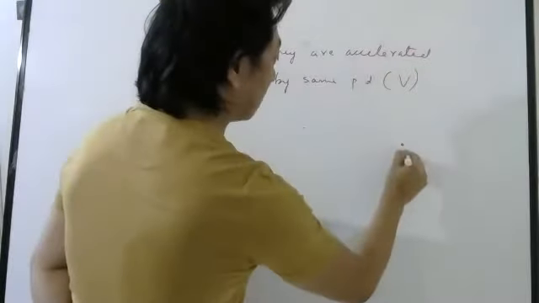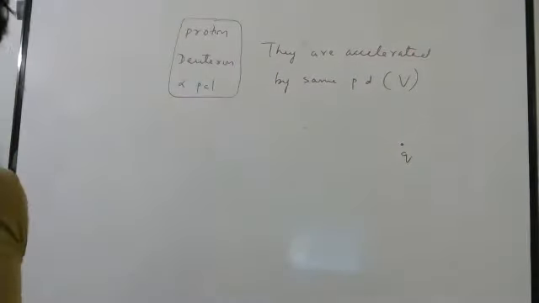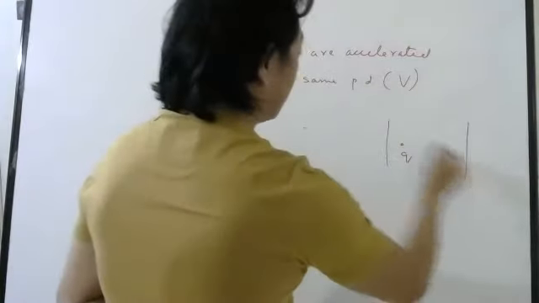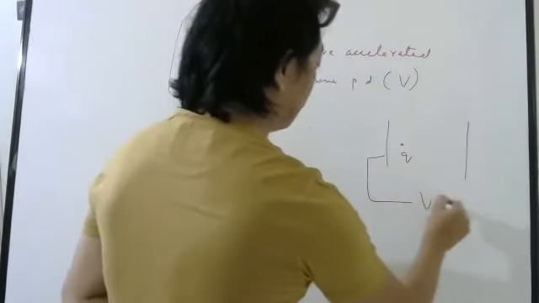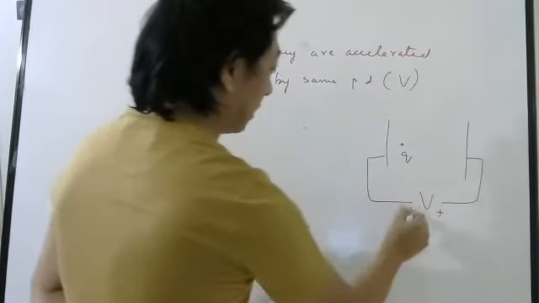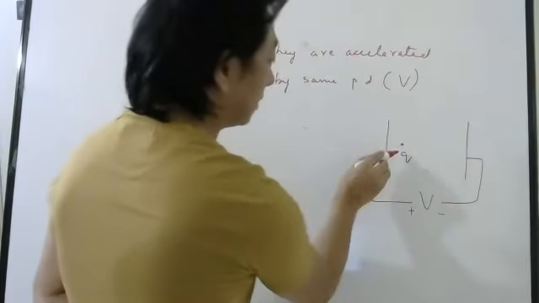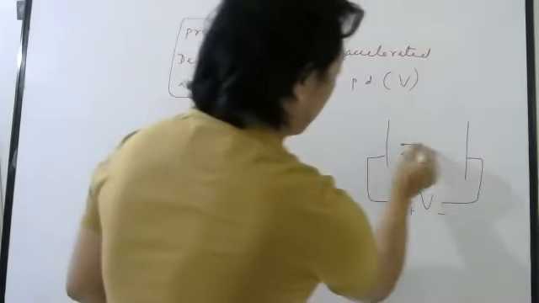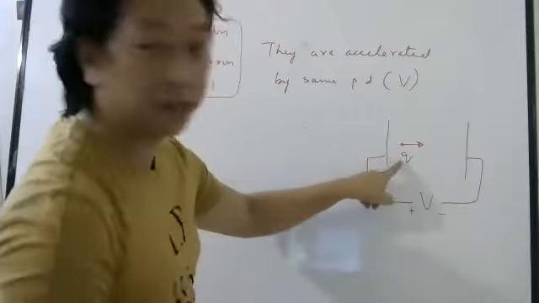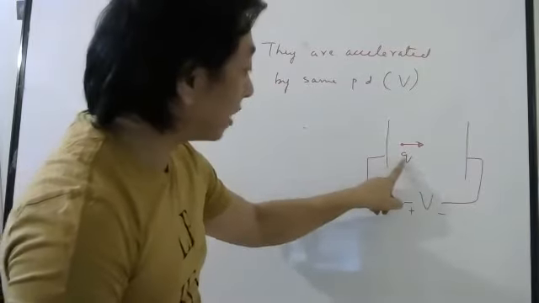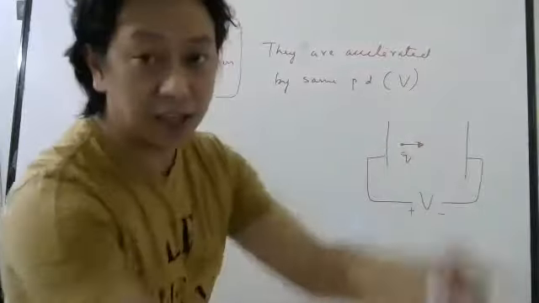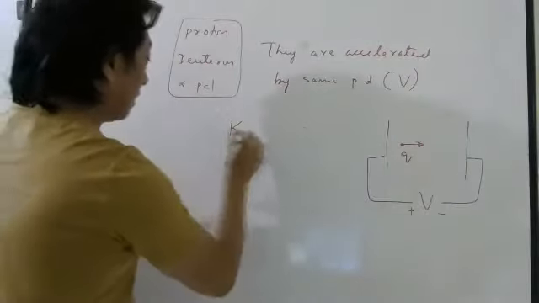Imagine there is a charge particle Q. Now, if I apply a potential difference V, plus minus, then what will happen? This charge will be attracted towards the minus terminal because it is a positive charge, I assumed. So this charge will be accelerated that side. So it will gain kinetic energy.